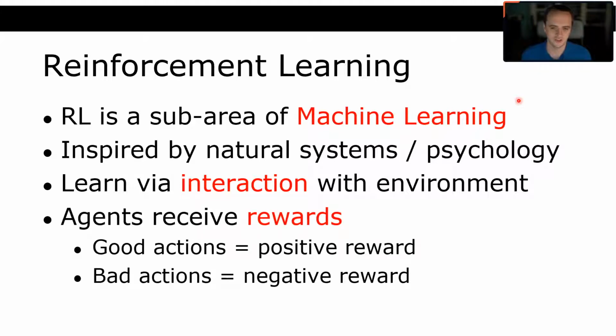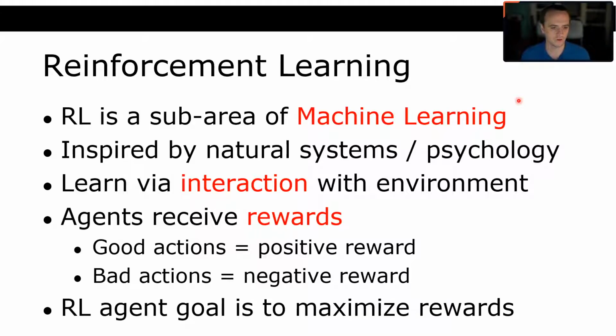As the agent interacts with the environment, it is going to receive rewards. The rewards come from the environment, and if you do a good action, you're going to get a positive reward. If you do a bad action, you're going to get a negative reward. And so the entire goal of a reinforcement learning agent is to maximize this reward.